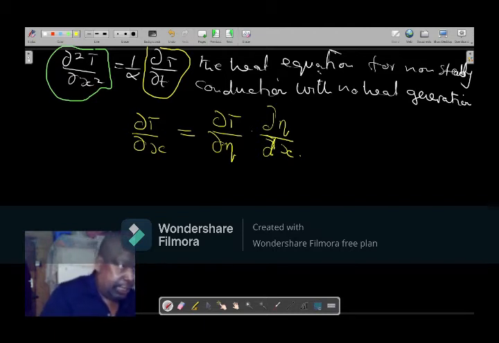And we're introducing eta here to make this equation an equation with only one variable, and the one variable will be eta, and eta is equal to x divided by (4 alpha t) to the power of a half.